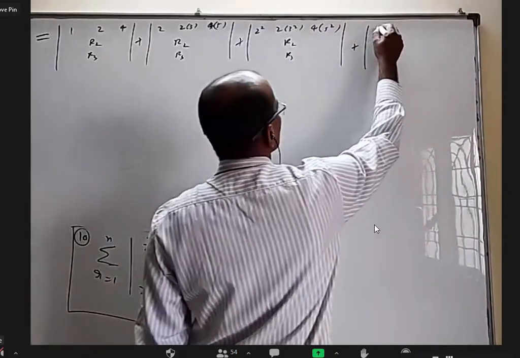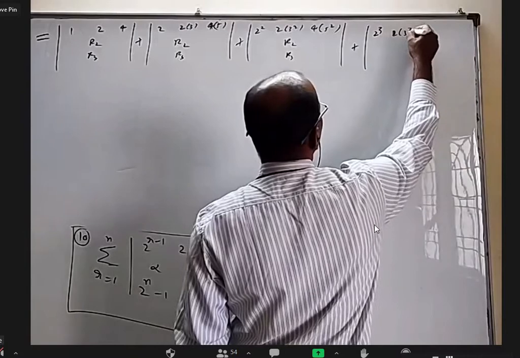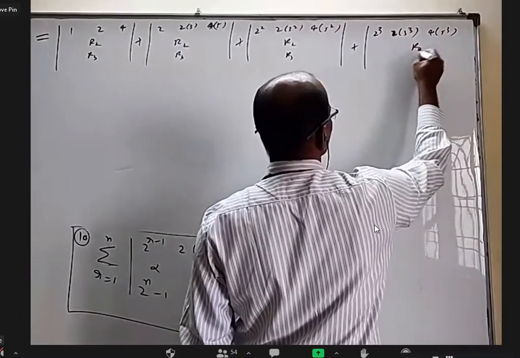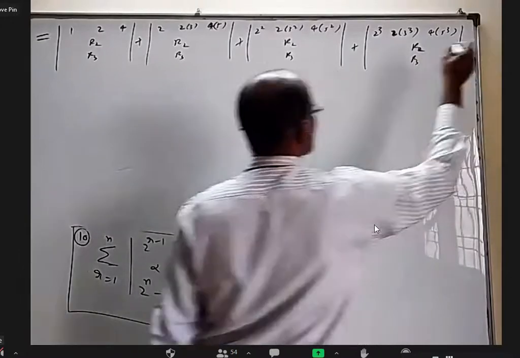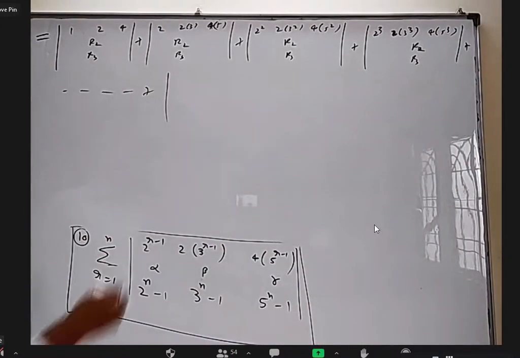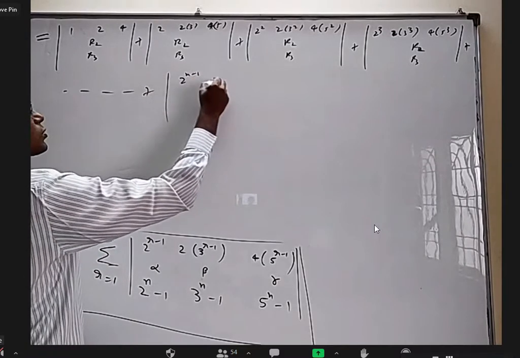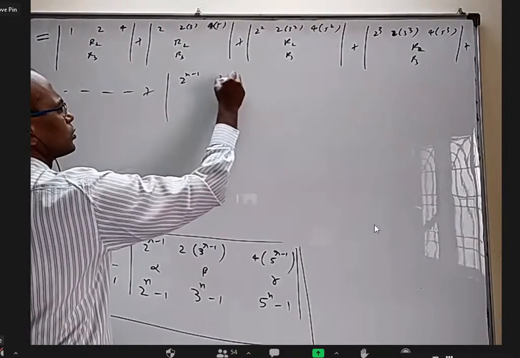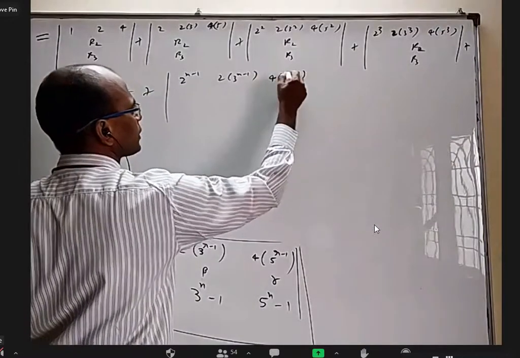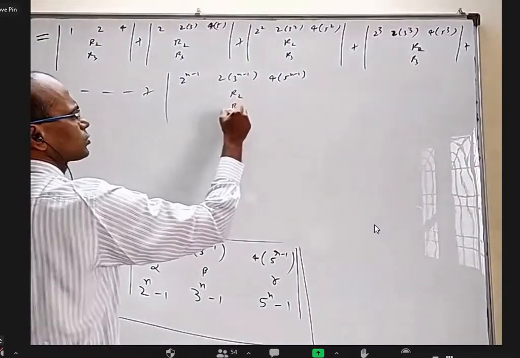Next, 2 cube, 2 into 3 cube, 4 into 5 cube, and so on. At the last, when I put r equal to n: 2 power n minus 1, 2 into 3 power n minus 1, and 4 into 5 power n minus 1. Same second row, same third row.